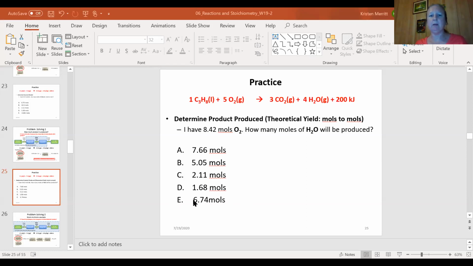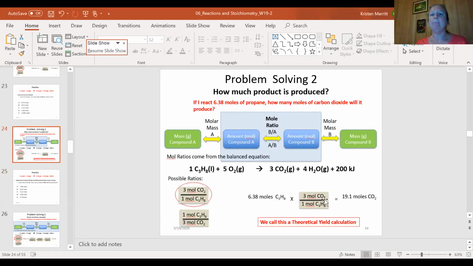So the answer is E. So when you are calculating the product, carbon dioxide or water or energy in this reaction equation, what you're calculating is called the theoretical yield. Yield is what you produce. The word yield means what you make. What's your yield? How much product did you make?